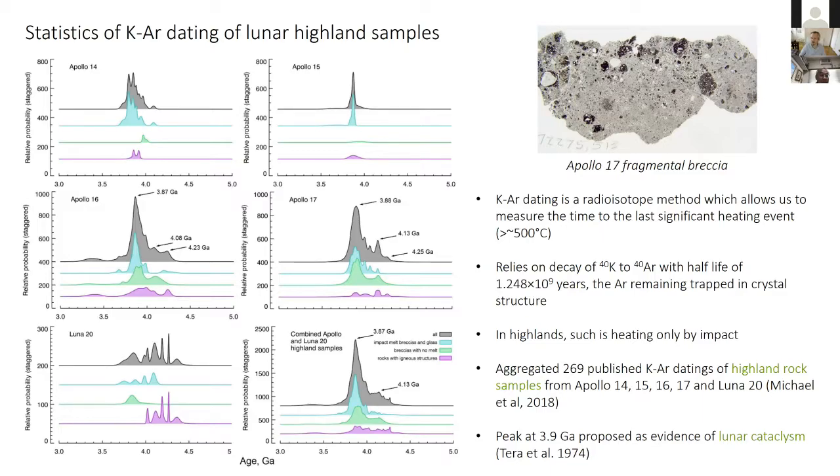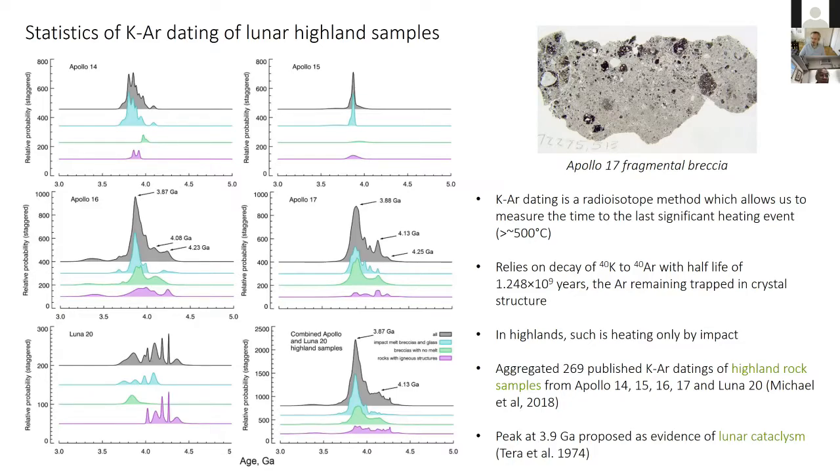So the impact processes on the moon cause this massive fragmentation and remixing of material continuously throughout the moon's history. When you pick up a piece of rock from the surface of the moon, you're actually holding pieces of rock which originated in many, many different places. And there's a lot of information in every piece that you pick up. Some of these components can be identified as being impact melt.